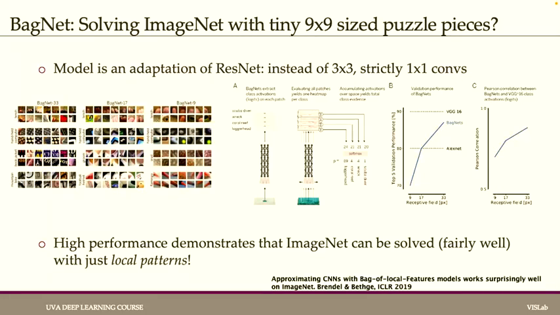So the receptive field of this neural network is kept at 33, basically. And you do this by simply replacing the 3 by 3 convolutions, which gradually increase the receptive field, and you instead just keep 1 by 1 convolutions, and then you can keep the receptive field pretty small. And so all this network does is accumulate local 9 by 9 evidence across the whole image, and then it just sums it up. And whatever has accumulated the most evidence, that's the prediction.